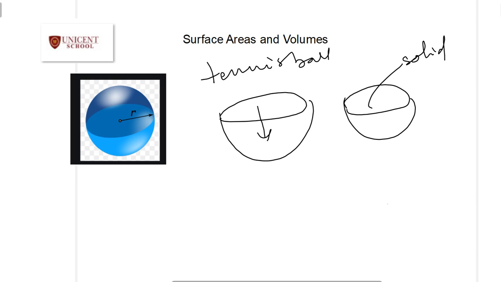Then how do I find the surface area of the hollow hemisphere and the solid hemisphere? In this case, we know that the surface area of a sphere is given by 4 pi r square. A hemisphere means half, cut into two halves, so it is 2 pi r square.